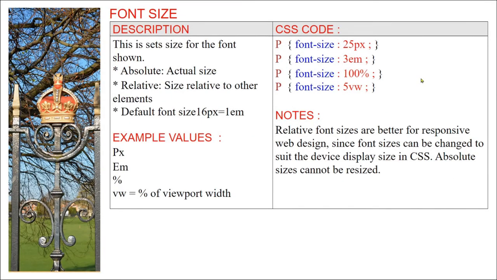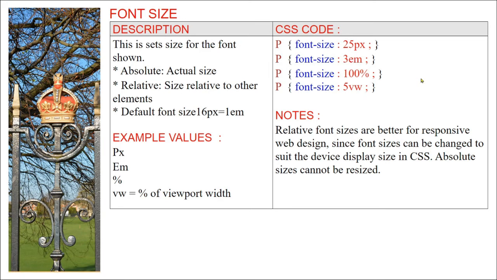Font size, you can set the size of the font for different screens. You may want to use a smaller font on a tablet or a phone because you have a smaller screen size, and for a laptop or a desktop computer screen, you might want to have the text much bigger.